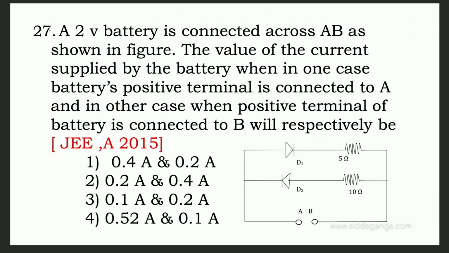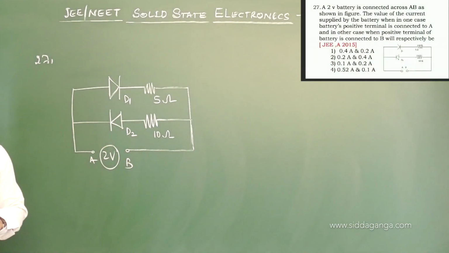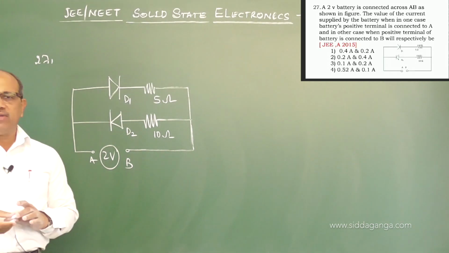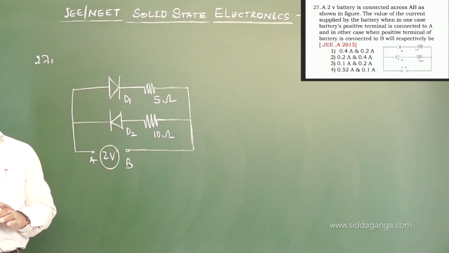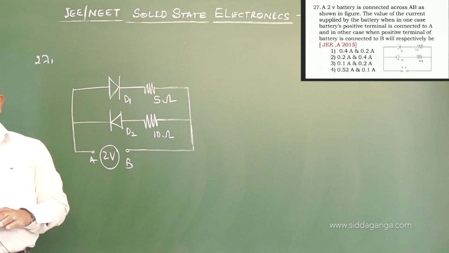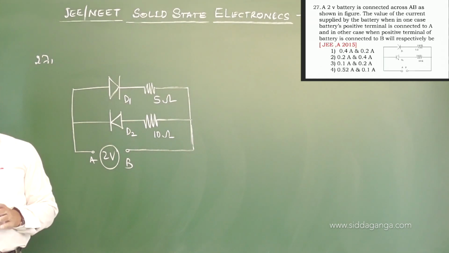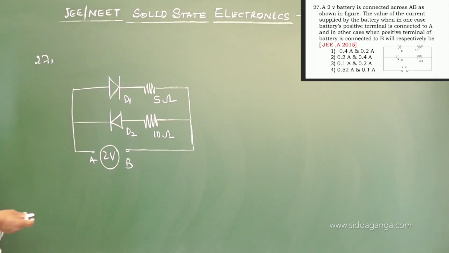A 2 volt battery is the supply voltage. As shown in the figure, find the value of the current supplied by the battery when in one case the battery's positive terminal is connected to A, and in the other case the positive terminal is connected to B, respectively.